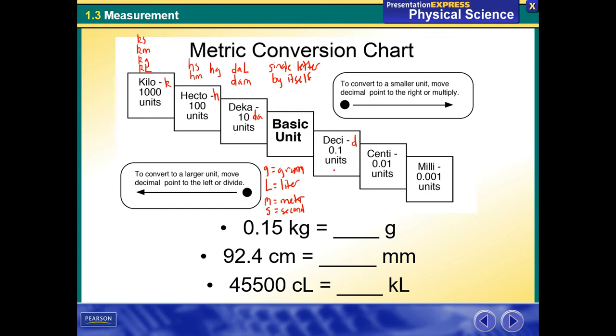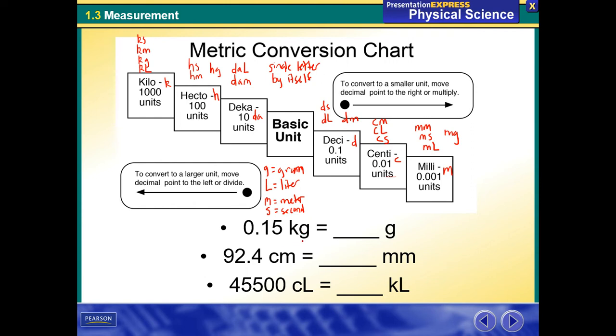So here you might see decisecond, deciliter, decimeter. Centi is with a c. So maybe centimeter, centiliter, centisecond. And then milli is an m. So millimeter, notice there's two m's. That's different than an m by itself. Millisecond, milliliter, milligram.